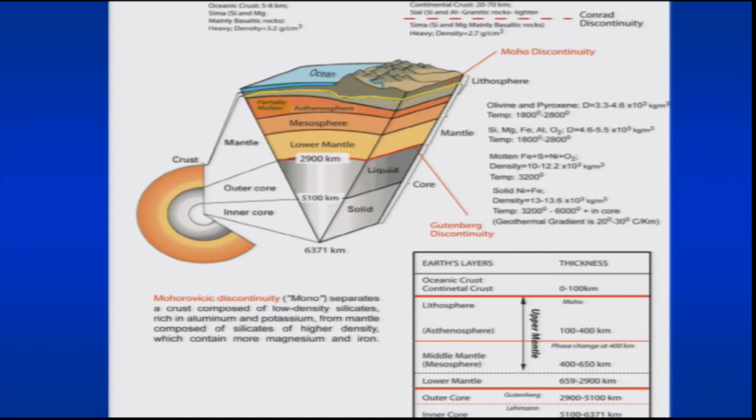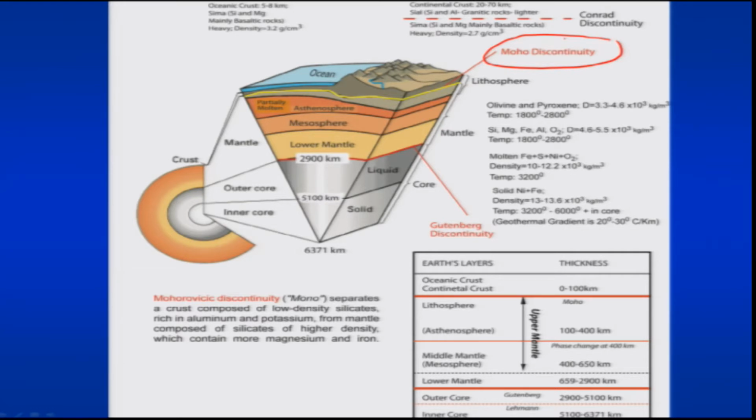The most important thing we were discussing yesterday was the different discontinuities which exist between different layers, like the Moho discontinuity or the Conrad discontinuity. They are marked with the help of seismic data, because seismic waves behave differently while traveling through the interior of Earth, and their velocity changes.